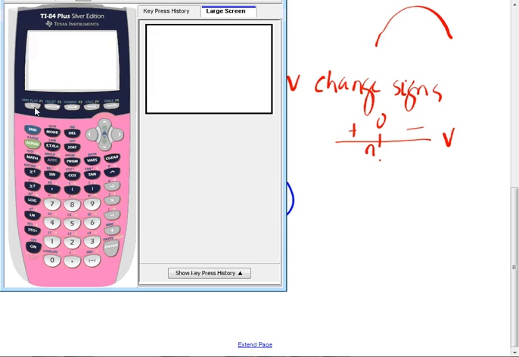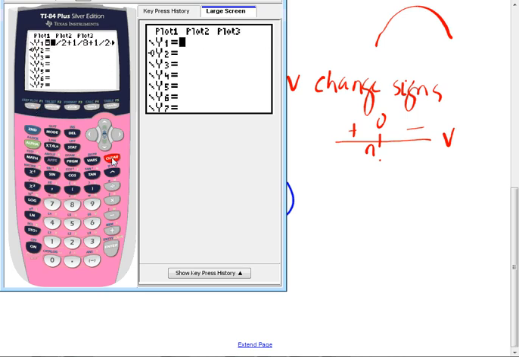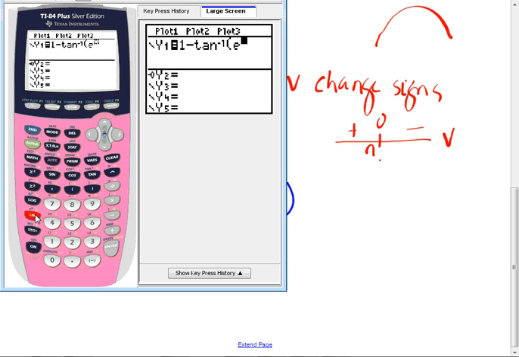Okay, in Y1, I'm going to put in 1 minus inverse tangent. Don't forget to do that. Is e to the minus t? Minus x. Oh, is it just x? Oh, yeah, sorry.